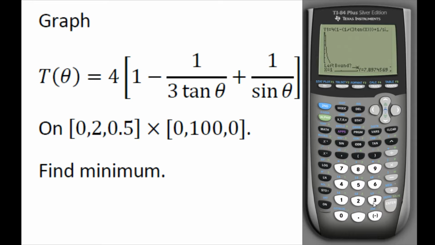Have to indicate the left bound. So I will go to the left. Let's say we try to find the minimum from this point on the left. I will hit enter to denote the left bound, and I'll go all the way to the other side for the right bound. Keep going.